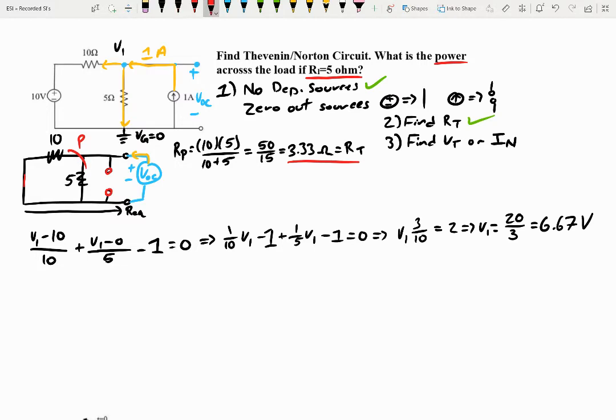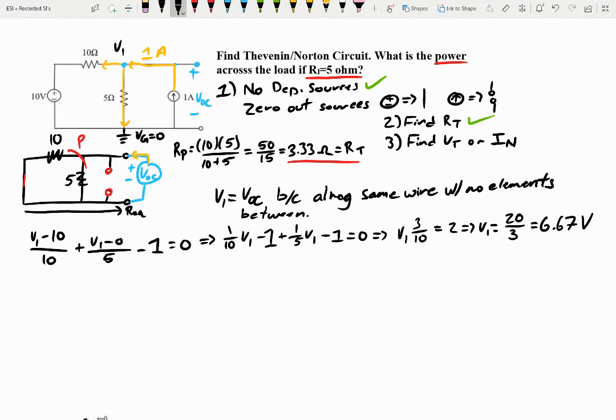And we know that V1 is equal to VOC because it's along the same wire with no elements between, right?